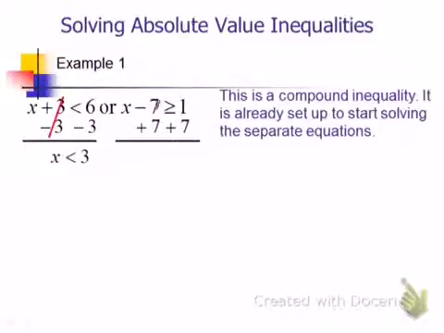And then we can graph these. And again, recalling that the most important part of this problem is this word right here, or. That tells us the relationship between these two inequalities. It tells us that we're going to just be joining the two inequalities together. So to graph these, we take one number line, right?